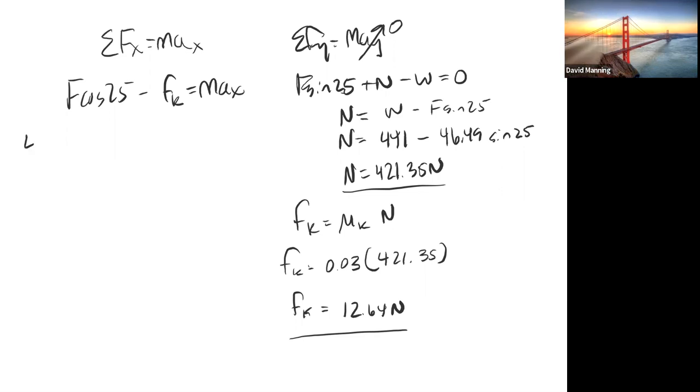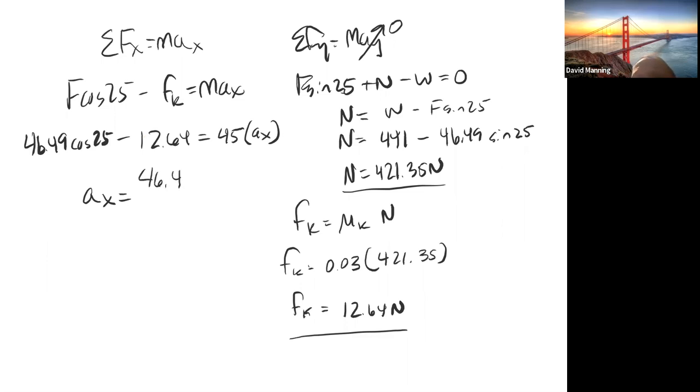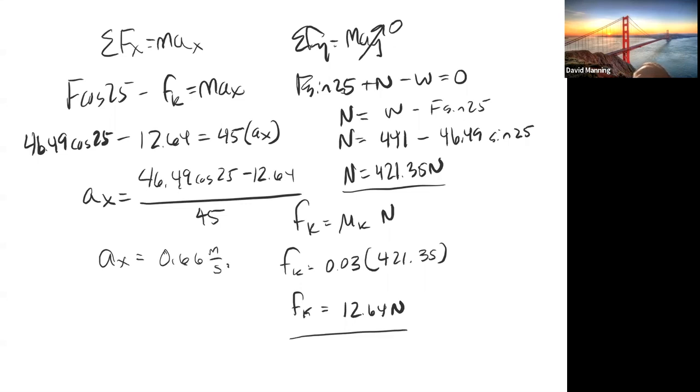So I have 46.49 cosine 25 minus 12.64 equals 45 times ax. ax equals the difference, 46.49 cosine 25 minus 12.64 over 45. ax equals 0.66 meters per second squared.